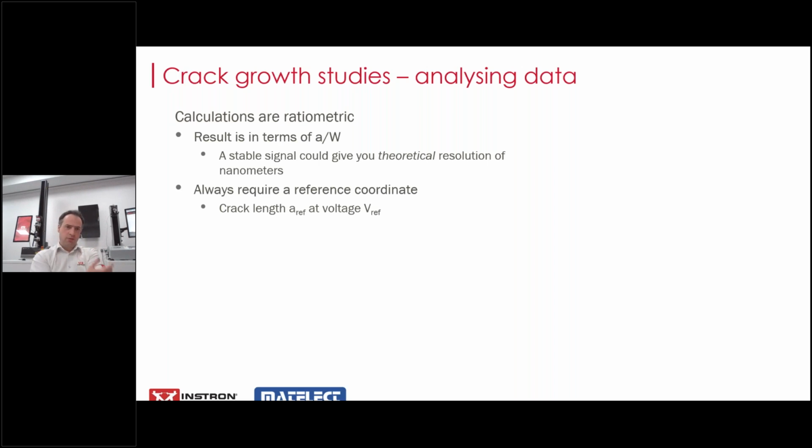One thing you do have to work with here is you always need a reference coordinate. At some point, you need to know absolutely that you were receiving this voltage result and you had this physical crack length. When you are doing these calculations live, that means you have to make certain assumptions.